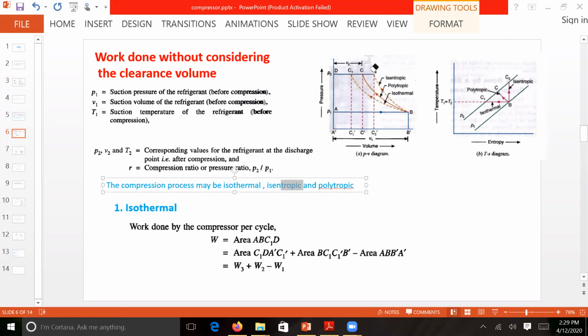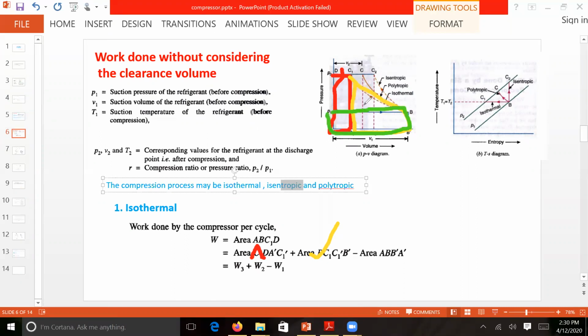Now the next one is this one, and your third one is this one.